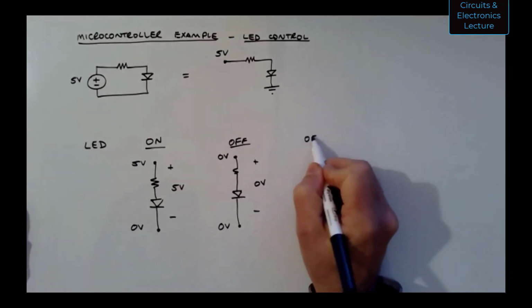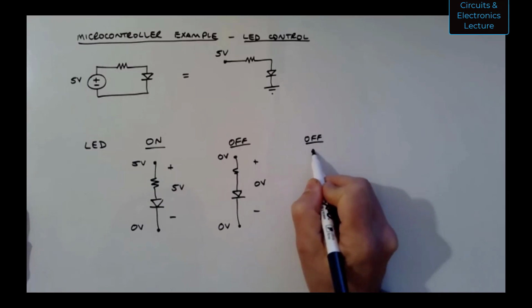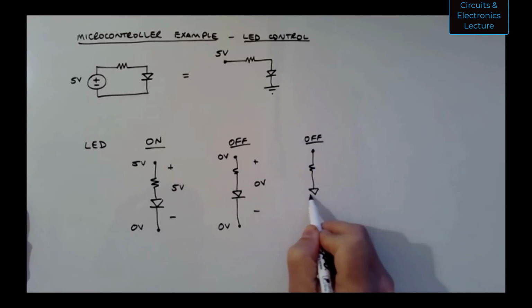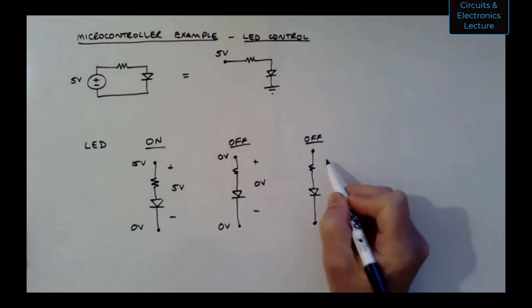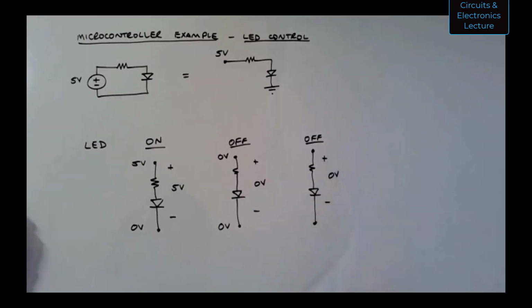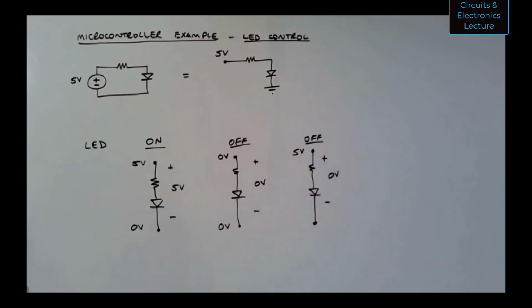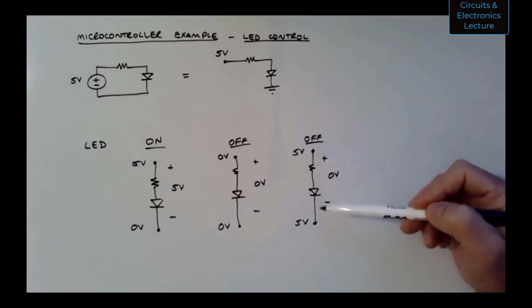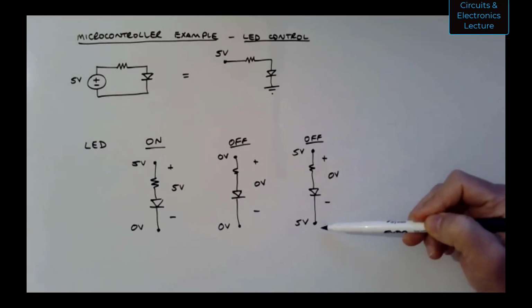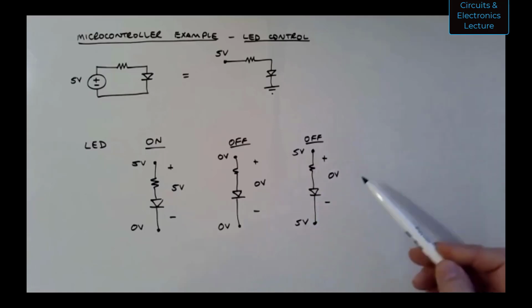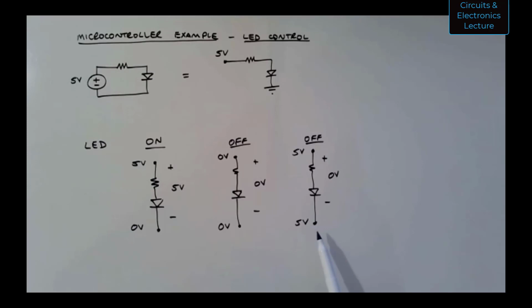Another way to have this LED off, again, is to have 0 volts across that pair of components. I could have 5 volts node voltage applied at the top and 5 volts node voltage applied at the bottom. Even though I have 5 volts at this node, this LED is not powered because there's 5 volts at the bottom node. If you did a KVL around the power supply supplying this voltage, you would see you have 0 volts across that pair of components.